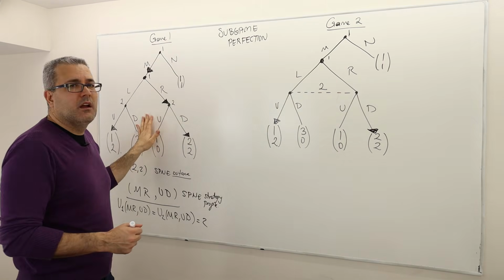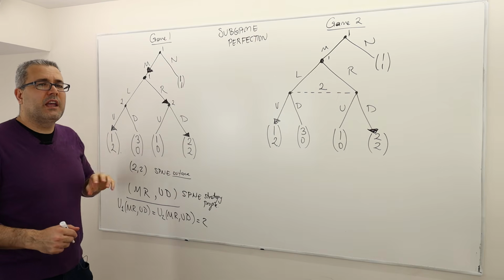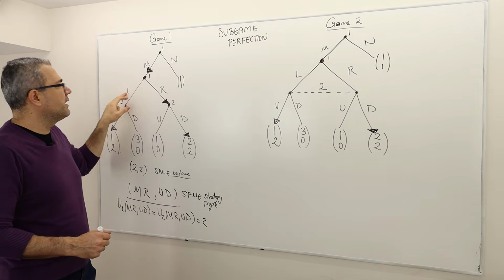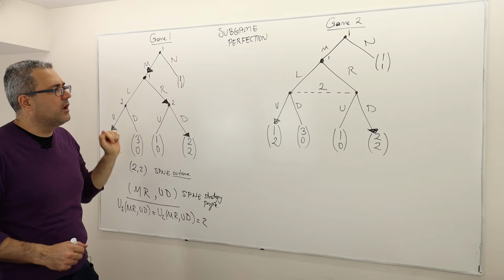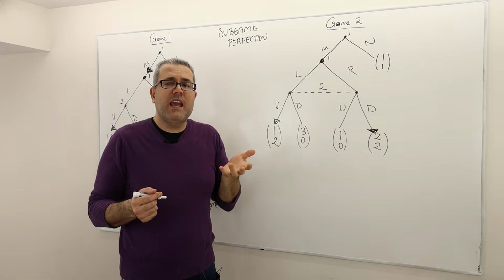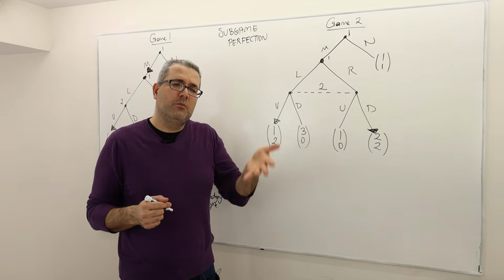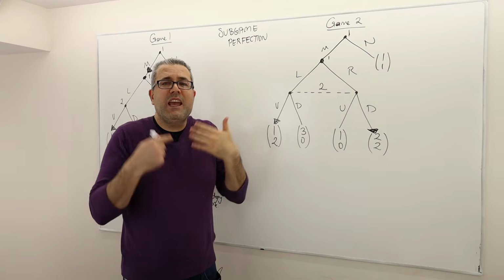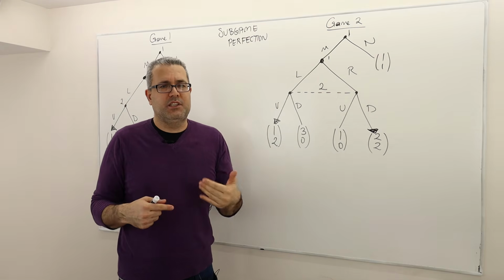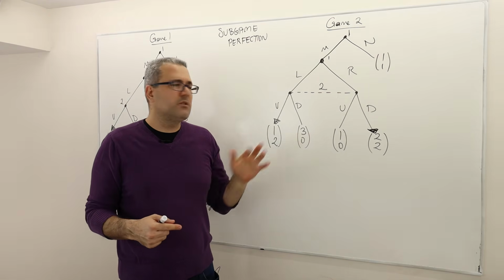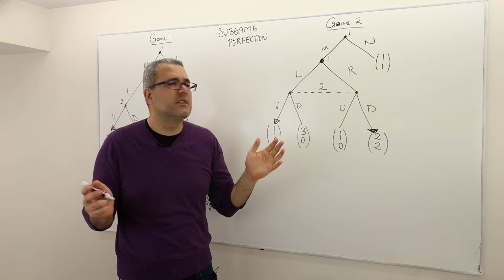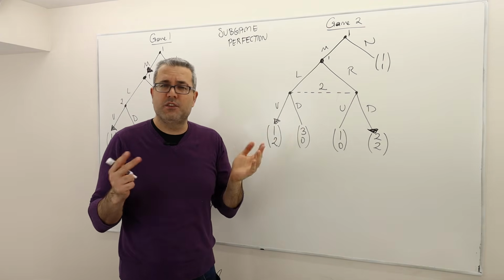Here she can, because she can say, I am going to play U because I know that player 1 has played left, and so I am in this decision node. But here, she can't say, I am going to play U or I am going to play D, because she can't observe where exactly she's at. So you see what I mean? She cannot choose two different actions at these two different decision nodes.